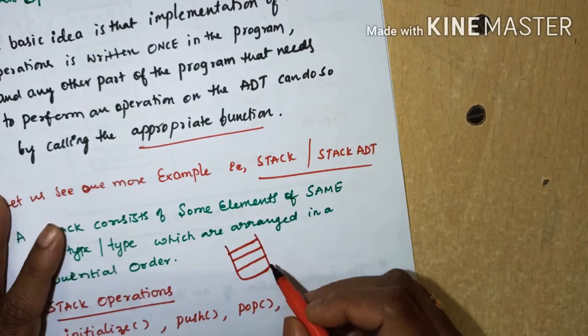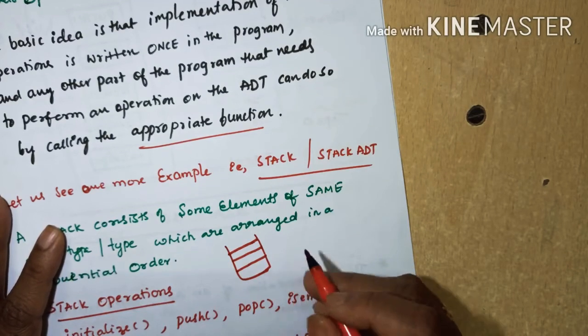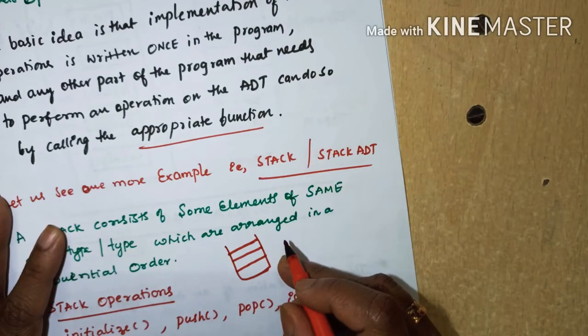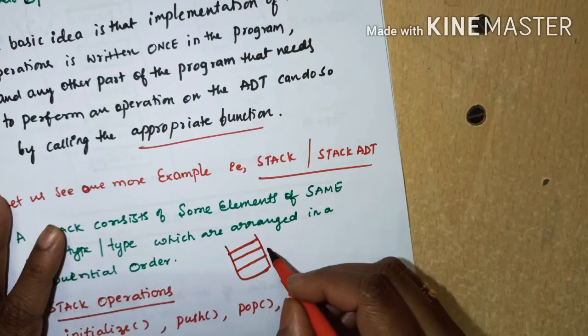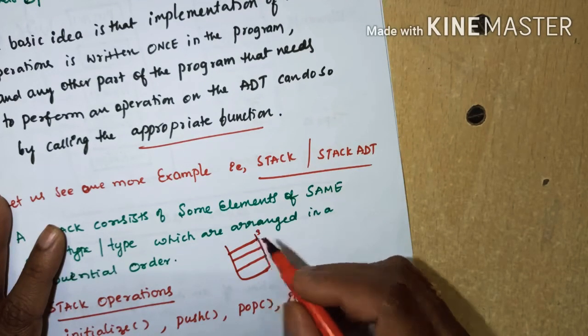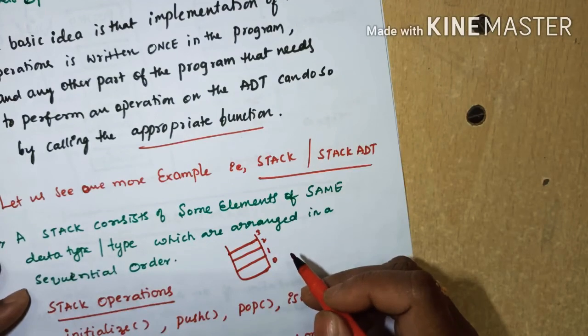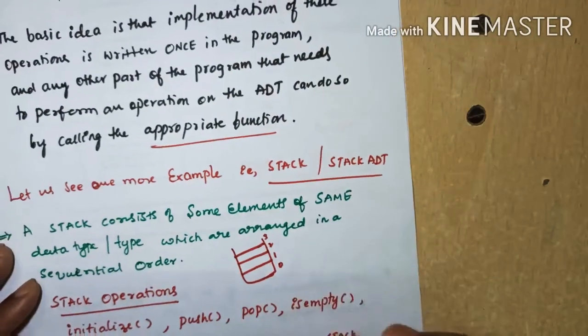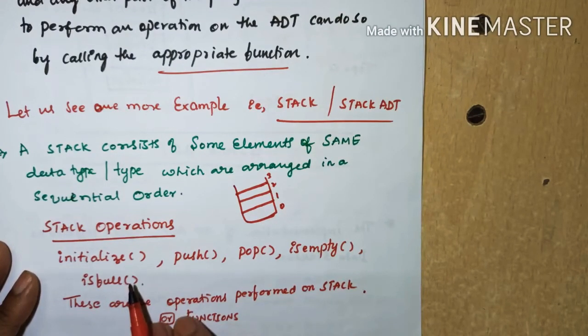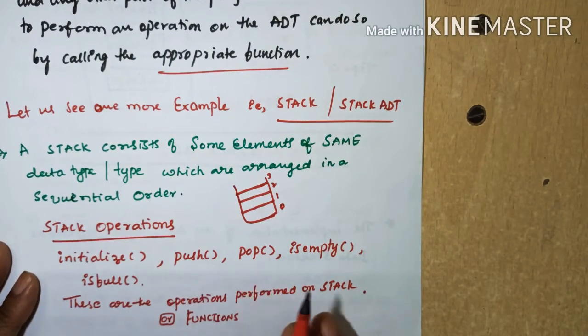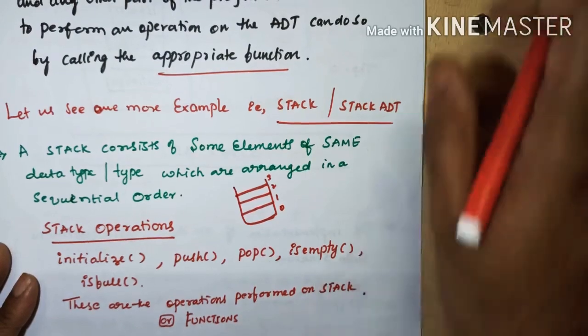I have already given examples, like a set of bangles, a set of books, all these can be stored one above the another. This is called what? Stack. This stack can do some set of operations like initialize, push, pop, is empty, is full, etc. There are so many functions. These are the operations or functions which are performed on a stack.